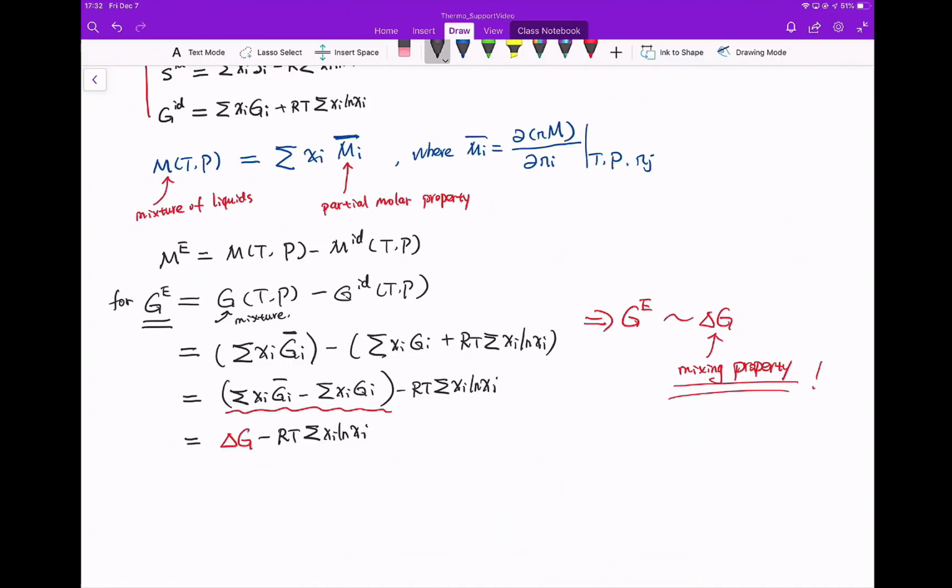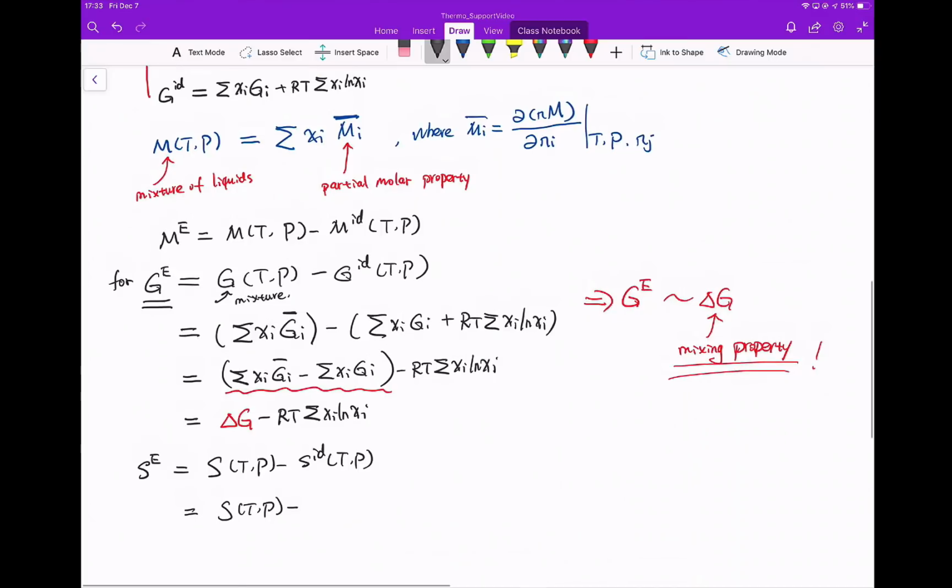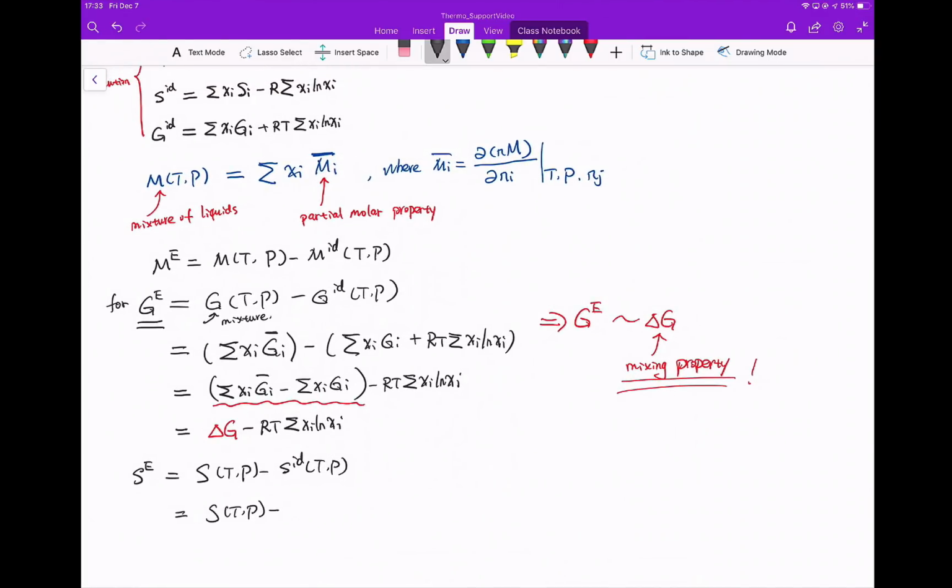If you want to look at the excess entropy, we can do almost the same. This is S at T, P minus S of the ideal solution at T, P. This is S at T, P minus xi times the pure component S, minus R summation xi log xi.